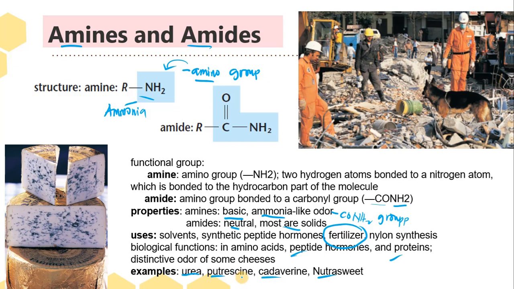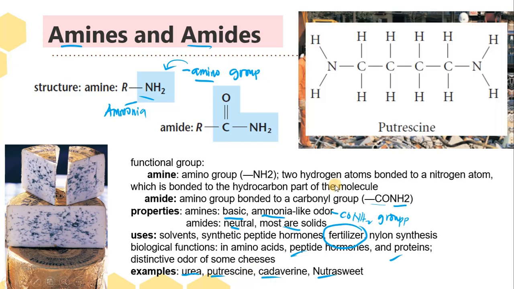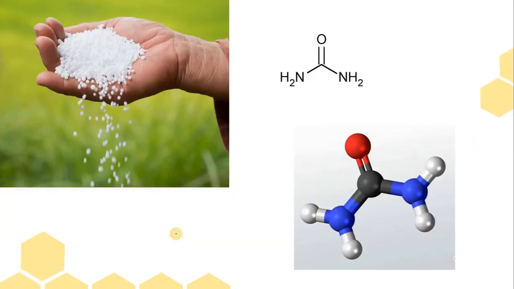Cadaverine and putrescine, okay, first we have putrescine. Look at this pattern. See, in the middle, at the ends is the amino group. So this is an example of an amine, with an amino group at both ends. Whereas urea, observe urea, it has C double bond O, and then NH2. So here is its special group.